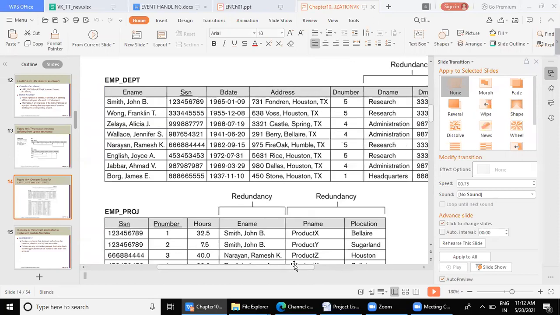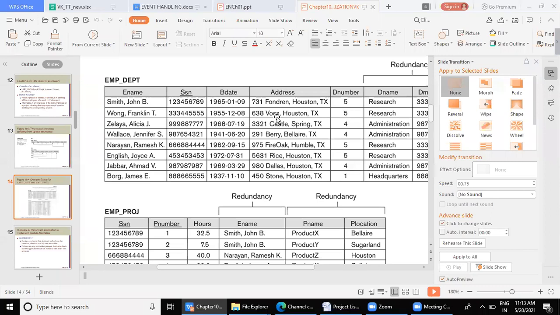Which data is redundant? For example, there could be multiple employees working in the same department. Here you can see there is a research department. Totally how many employees are working in the research department? Four.